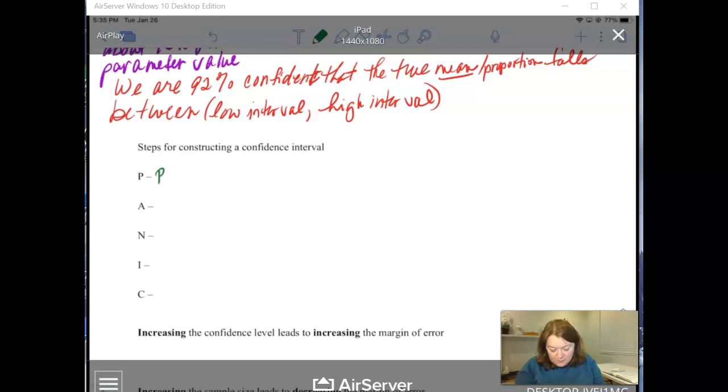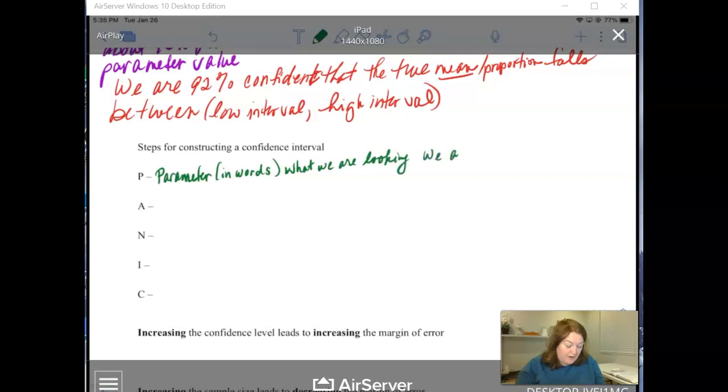P stands for parameter. We want to make sure that we describe in words, and in symbols if you're able to, what we are looking for. So we are trying to estimate the true mean of whatever, and you write that down in words.